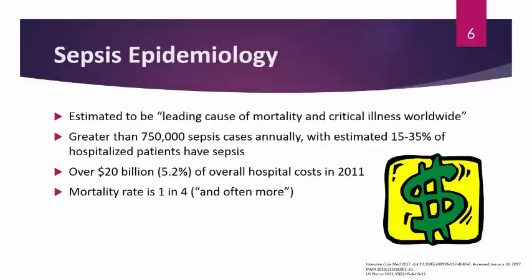Over $20 billion, or a little over 5% of hospital costs in 2011, were attributed to sepsis. The mortality rate for sepsis is about 1 in 4, and potentially even more. Some papers cite anywhere from 30 to 50% of patients who have a diagnosis of sepsis to have mortality. And that's pretty unfortunate given the circumstances of what we'll describe sepsis as shortly.